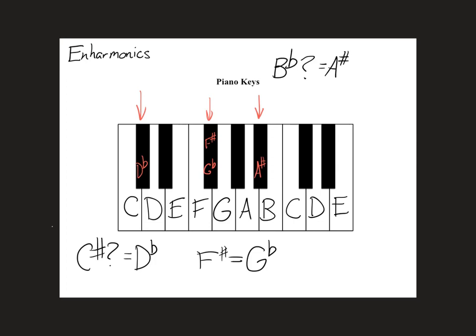Now, the quiz and this particular lesson will ask you about a couple of tricky examples. And some of you probably know where this is going because we've had this discussion in class a couple of times. But at this point, I'm going to ask you about a B sharp.